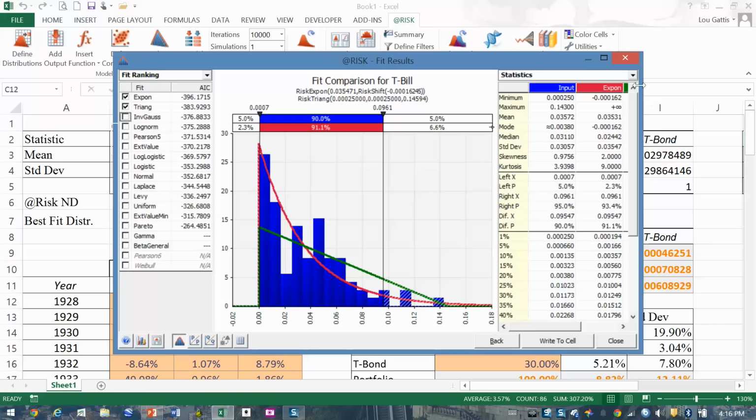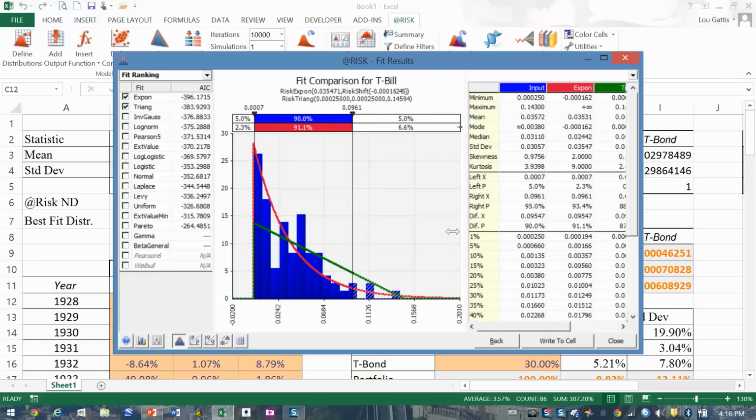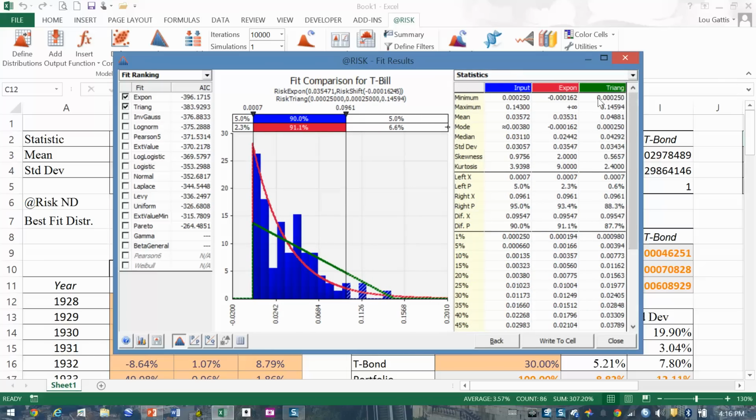Now it also fit a triangular distribution. A triangular distribution comes straight up, has a minimum of about 0. Actually, we can look at it there. Has a minimum of about 0, and then it fits it along a straight line with a maximum of 14%. So it looks like the exponential function is unbounded, just like a normal curve to the positive.